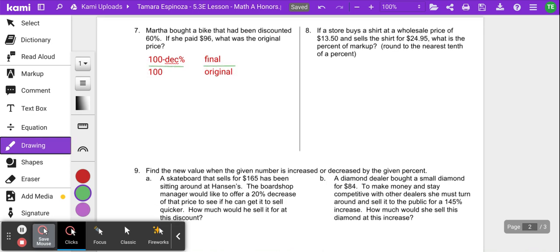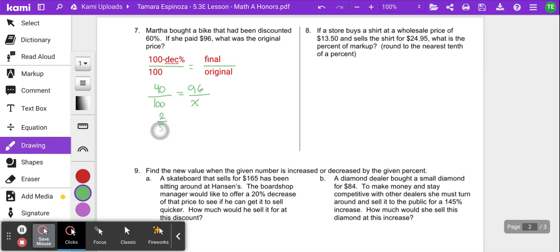Okay, so if it was discounted 60% off, then she paid 40%. She paid $96. We're looking for what the original price is. Again, I look at that 40 times something to get to 96. I don't know off the top of my head, but I see that I can reduce that left ratio to 2/5.